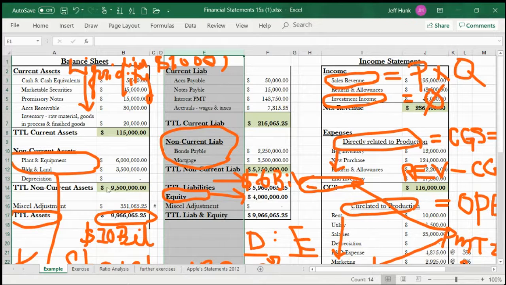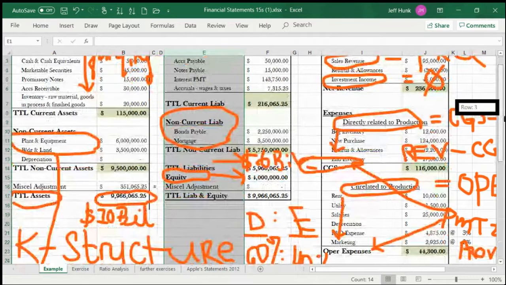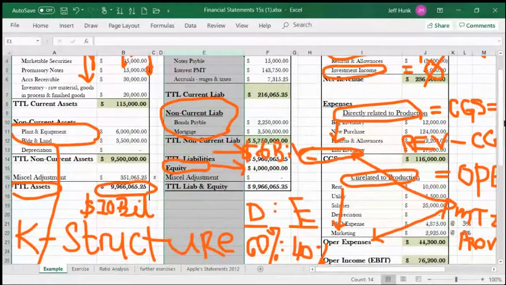Make sense? That's depreciation. At time zero, plant and equipment may have been 6 million. Building may have been something. Land doesn't depreciate. But by the way, here depreciation is defined this way, but actually depreciation has more tax implication.